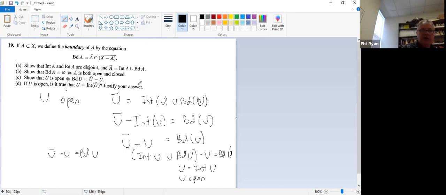And then finally for part D, the answer to that is definitely no. For example, if U equals Q, then the closure of Q is R, and the interior of R is R. So we haven't got our set back to where we started from.